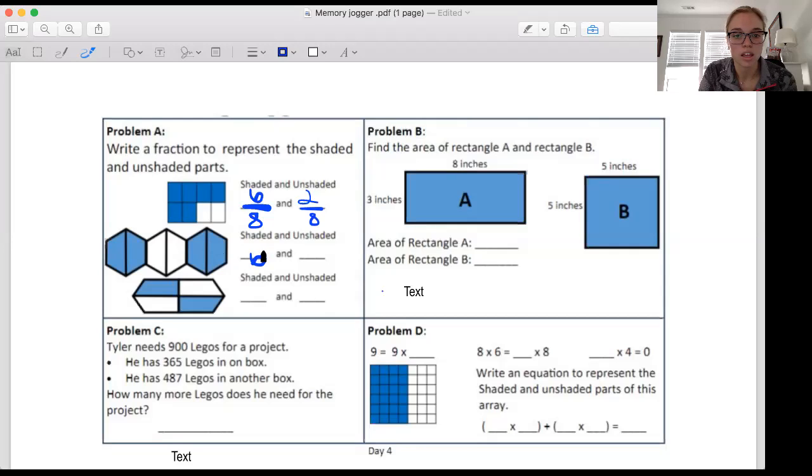And then our shaded pieces will be 4. And for the unshaded, we have 2 unshaded pieces out of, again, 6.